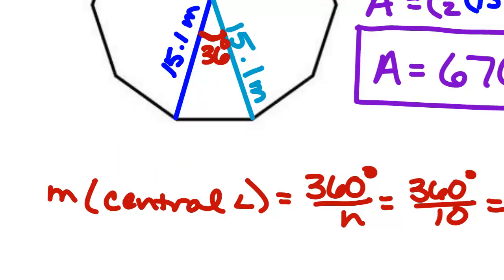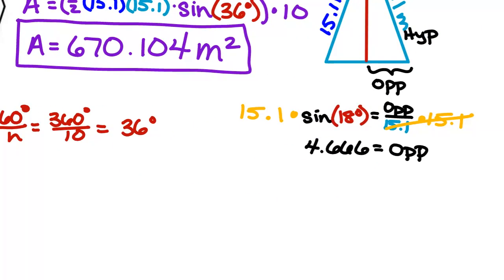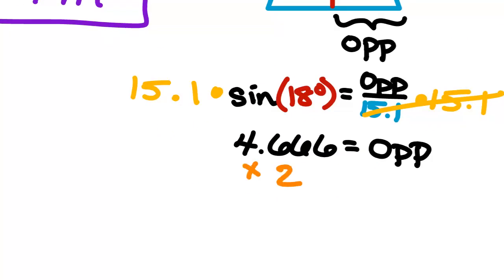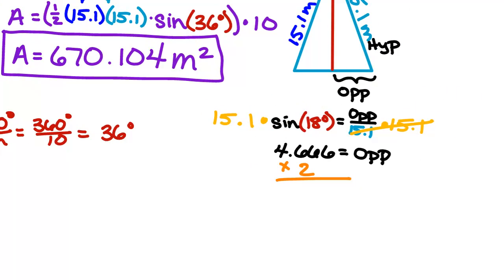But that's not the whole side of my decagon. What do I need to do to that now to get the side? Multiply it by 2. So that gives us what? 9.332. There's the side.